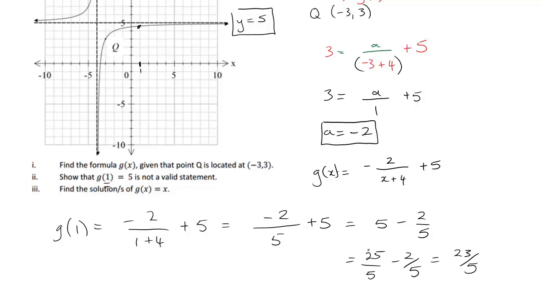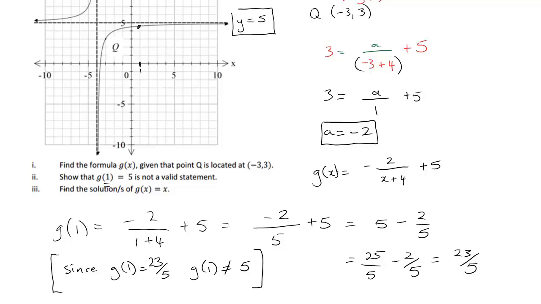So that's the value of g(1). So since g(1) is equal to 23 over 5, g(1) is not equal to 5, because this fraction here, it's not quite 5 yet. So that's a conclusion that you need to draw from the data.